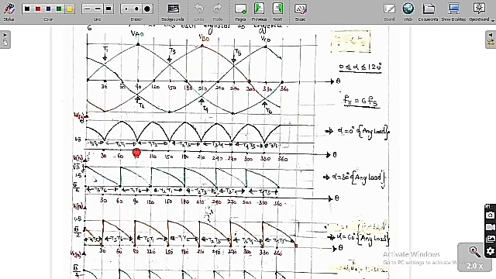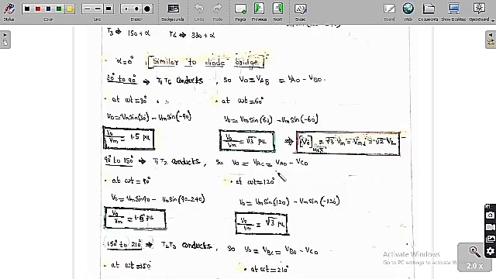So at omega t from 90 to 150, T1 and T2 are conducting. Whenever T1, T2 are conducting, V0 is equal to VAC, which is VA0 minus VC0. At omega t equal to 90, I want to find the value of the output.